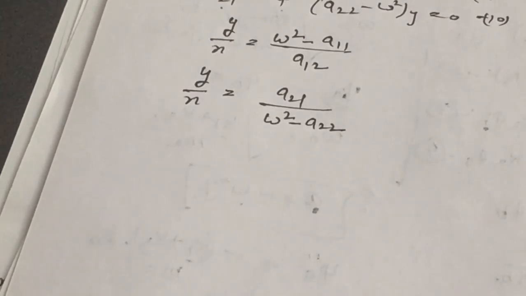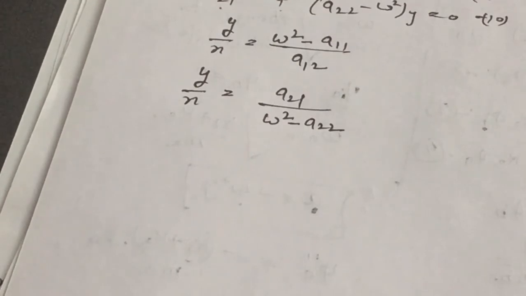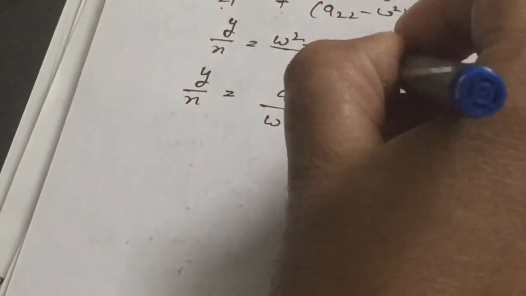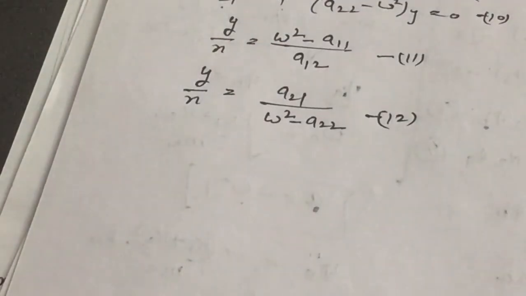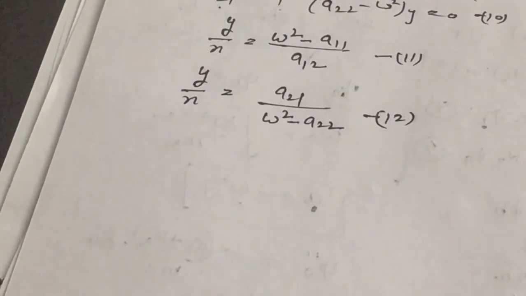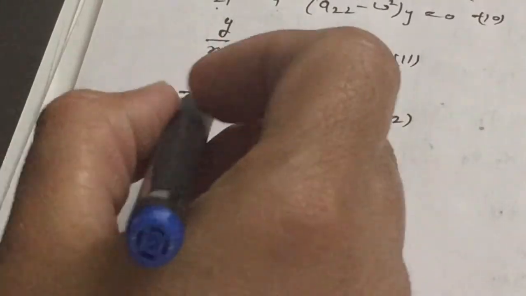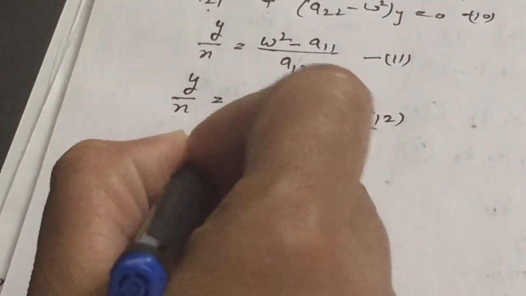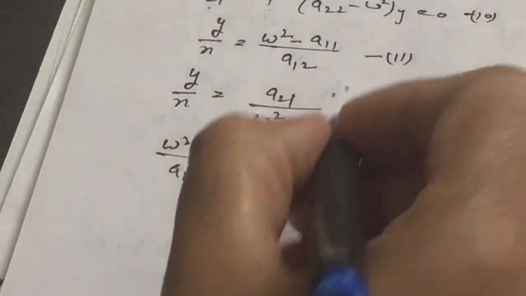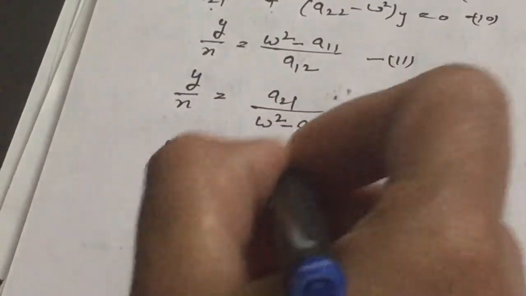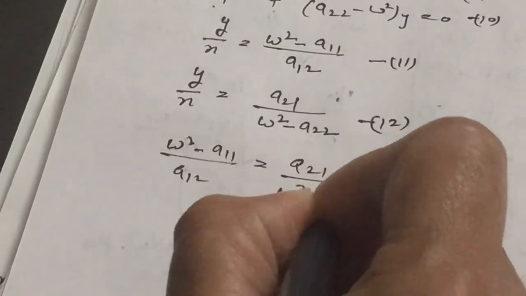By evaluating these two equations, let us consider them equation number 11 and equation number 12. Both equations represent the same ratio y upon x. We will find omega square minus a11 divided by a12 is equal to a21 divided by omega square minus a22.